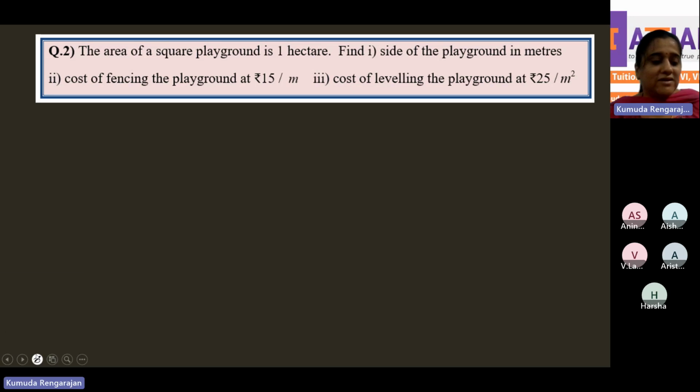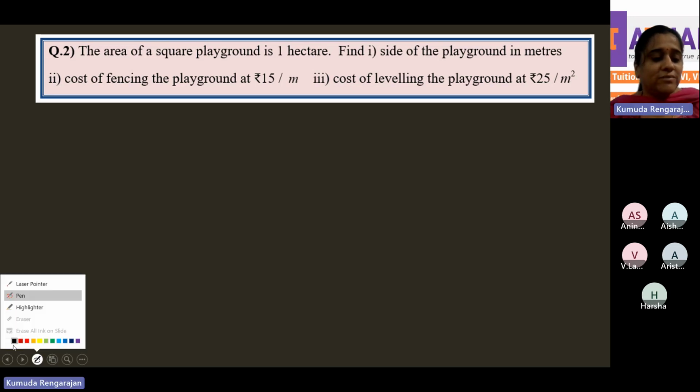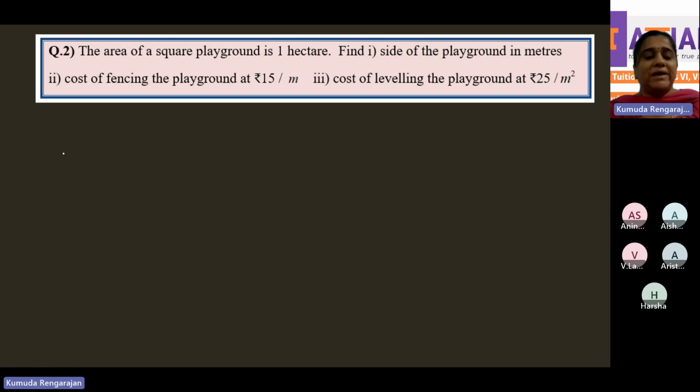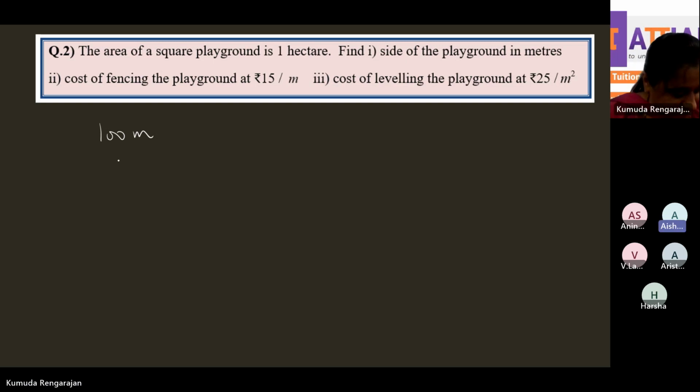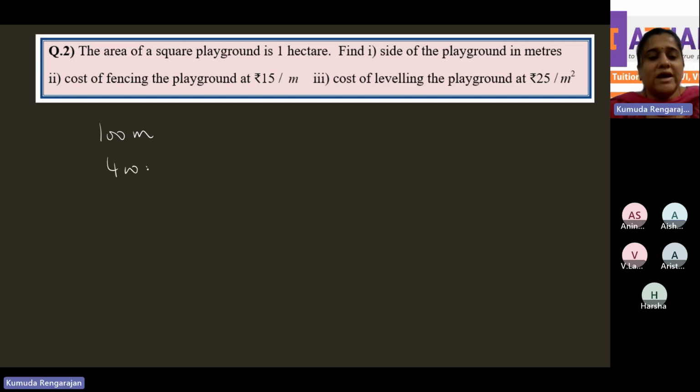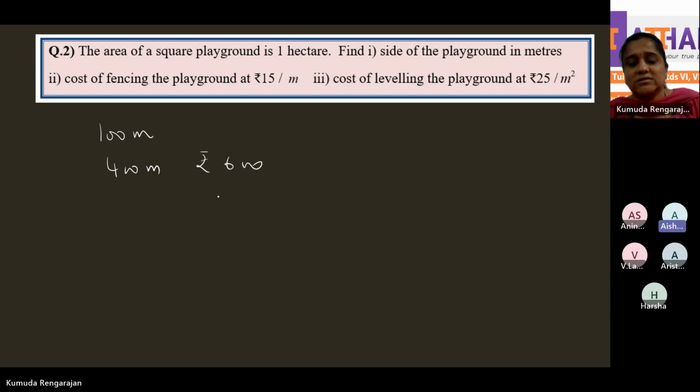Aishwarya, what is the side of the playground? What is the length of the side? Ma'am, 100 meters. And what about the perimeter? 400 meters. Okay, and the cost of fencing? Cost of fencing is rupees 6,000. Correct. And what about the cost of leveling?